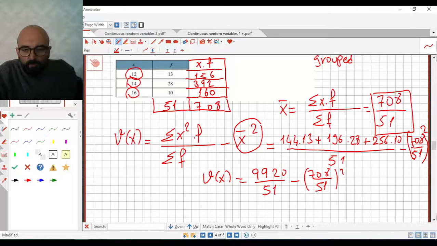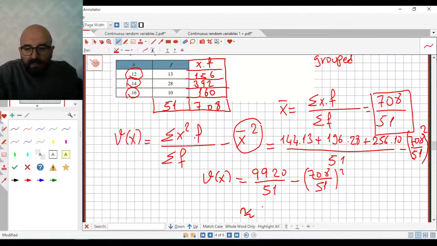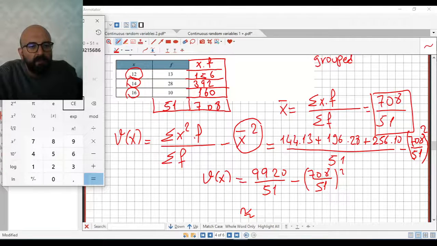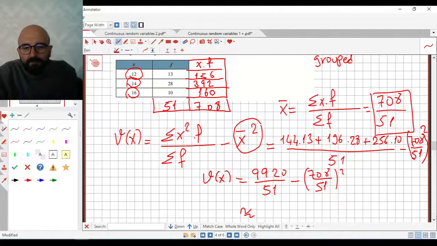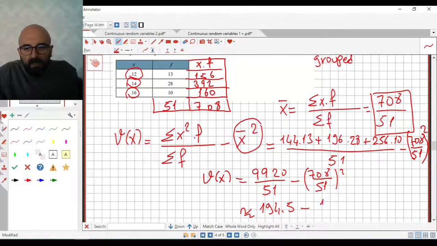I want to use the calculator. 9,920 over 51 becomes about 194.5, minus 780 over 51 squared, which is 192.7.